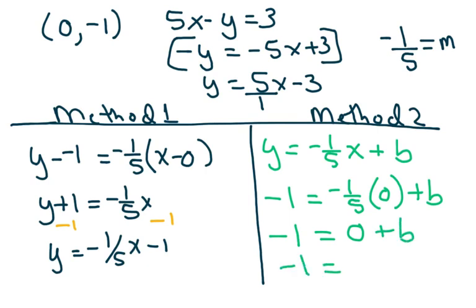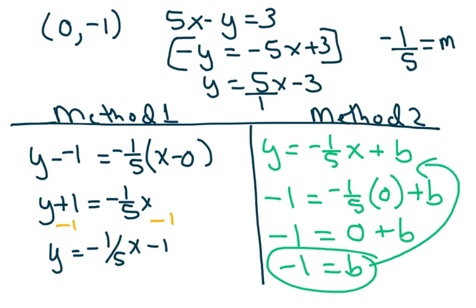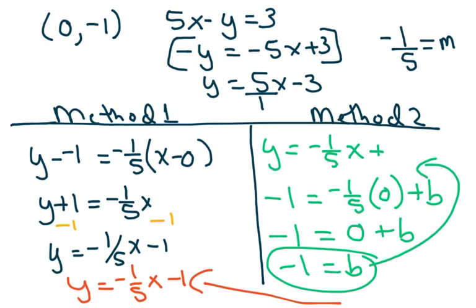So negative 1 equals b. I plug that back in, and I get the same: y equals negative 1/5 x minus 1. I just basically am taking this and writing a plus and negative 1. And these are the same.